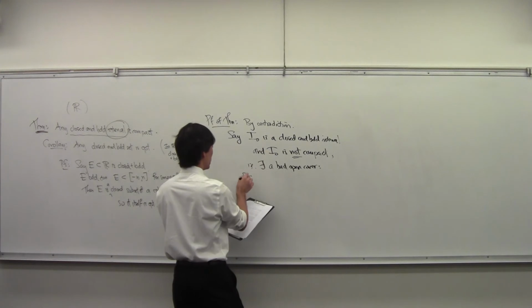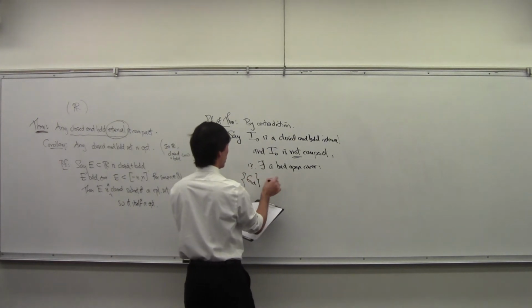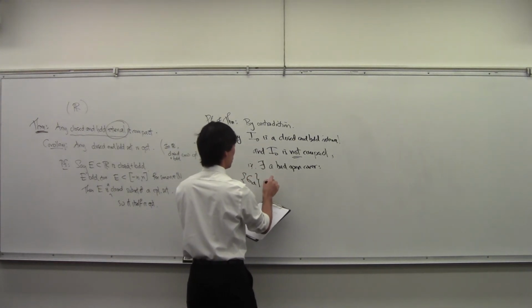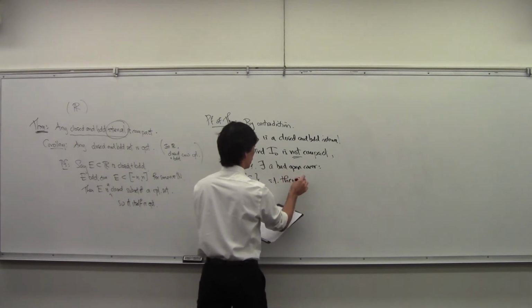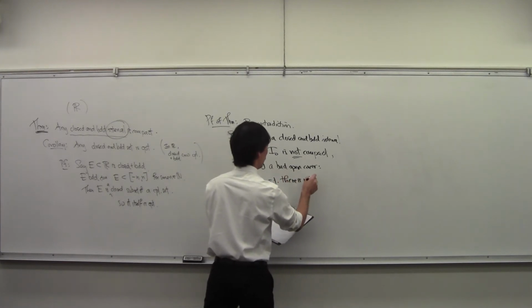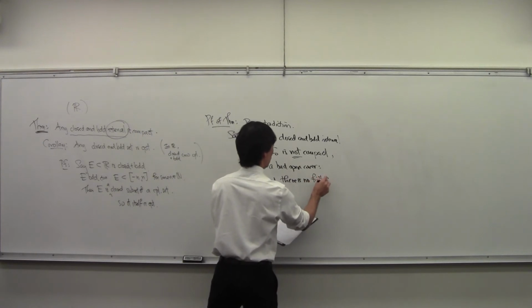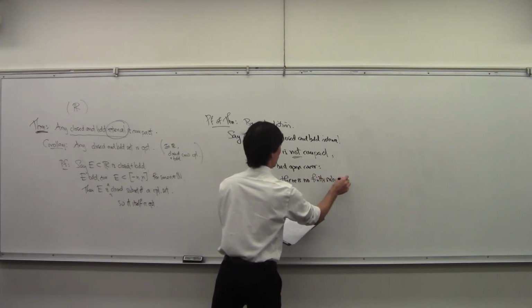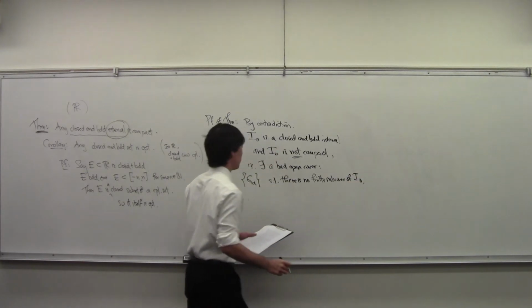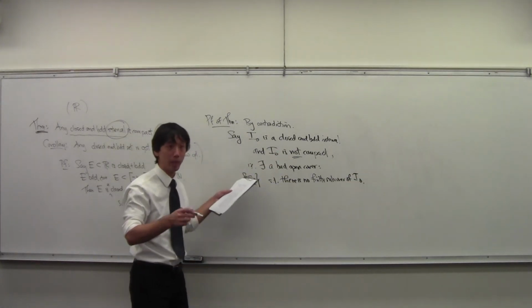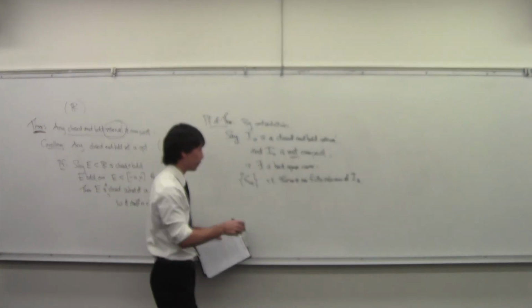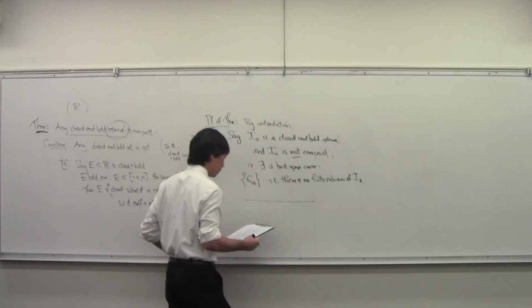In other words, some G alpha such that there is no finite subcover of I naught. You've got this cover, but for some reason it doesn't have a finite subcover of I naught. Okay, so now we do something funny.